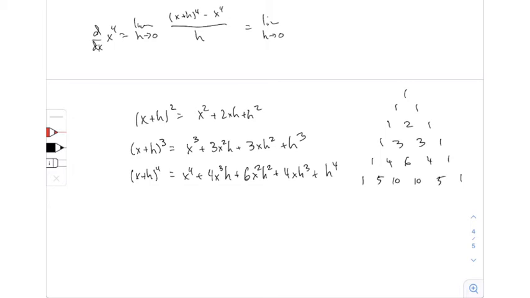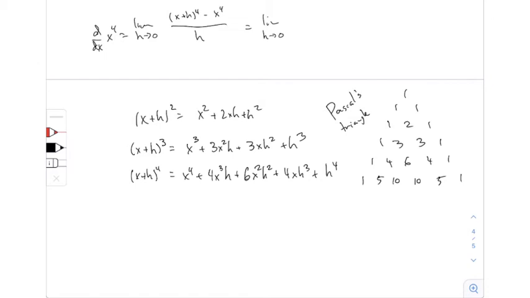It turns out these are the coefficients if you were to expand x plus h to the power 5. I don't really want to get into why this works. It's a mysterious thing. This is called Pascal's triangle. Pascal was a French mathematician and theologian in the 1600s.